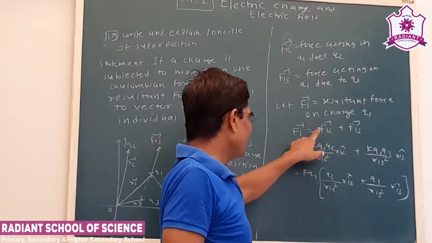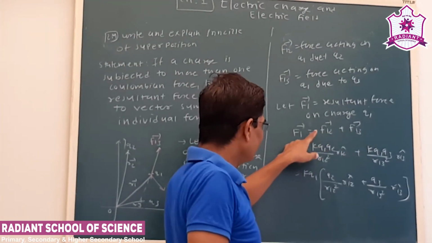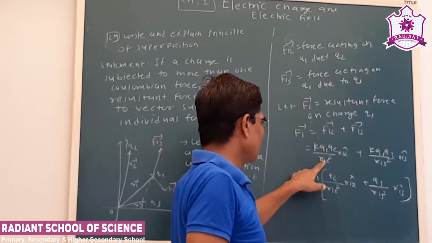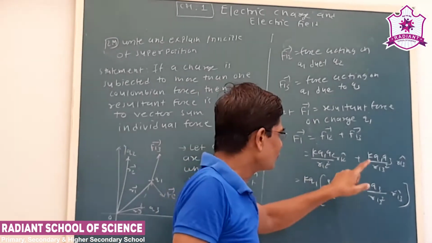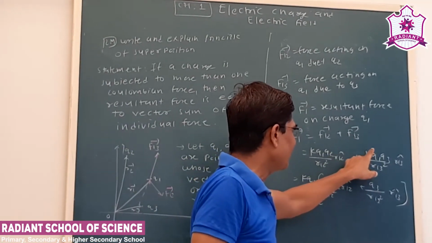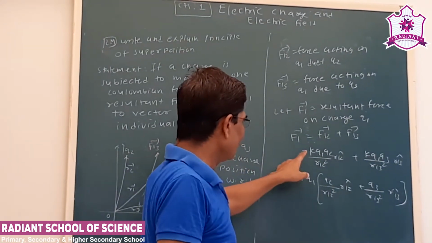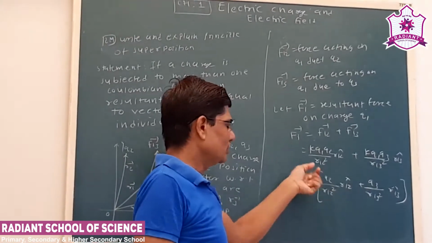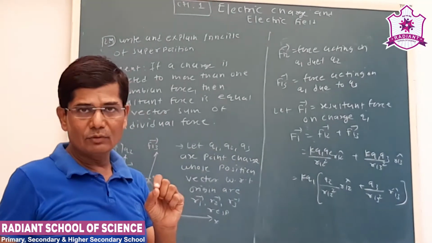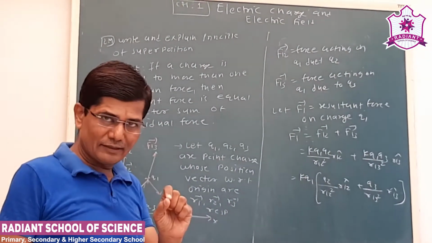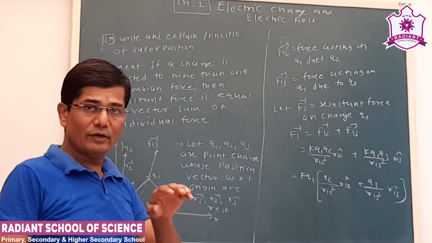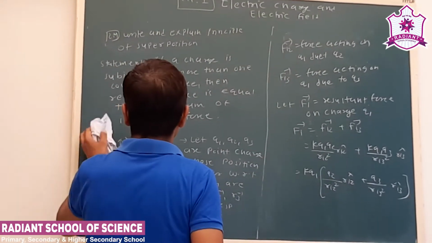So F1 will be F12 plus F13, where F12 is KQ1Q2 upon R12 squared into R12 caret, and similarly F13 is KQ1Q3 upon R13 squared into R13 caret, with KQ1 taken common. So this is how we can write. Right now we have seen only 3 point charges, but we can extend it to n number of charges.